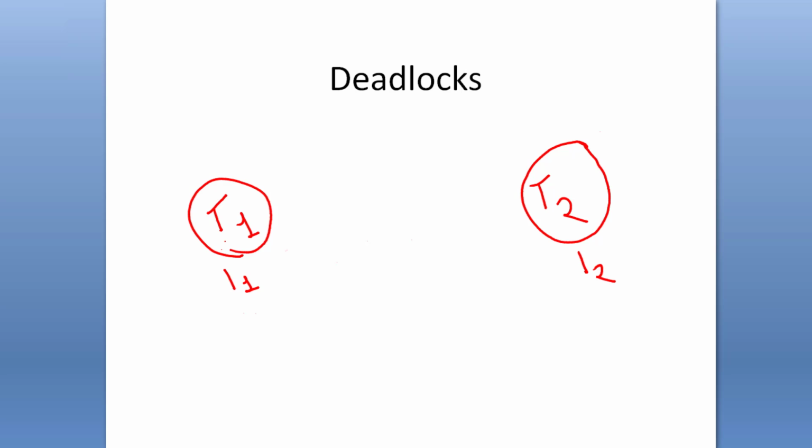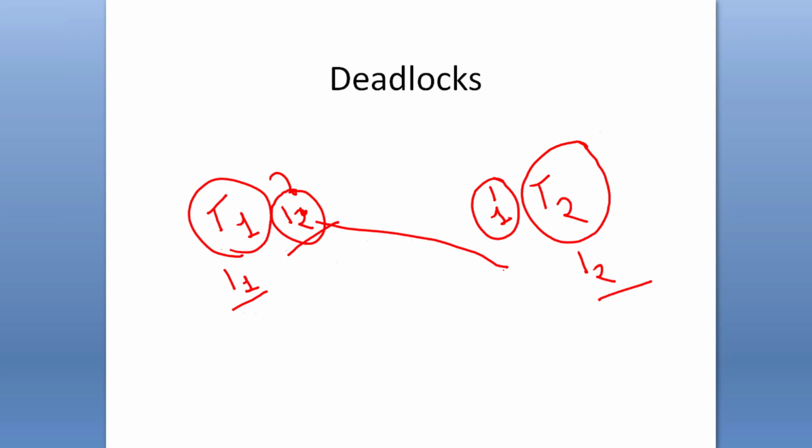T1 has the hold of L1 lock, and suddenly it needs the L2 lock as well. And T2 has the hold of L2 lock and it needs the L1 lock. Now, as they are not leaving their locks until the operation is completed, and they are also dependent on the locks held by another thread, they can't proceed, and that causes deadlock and their execution is stopped.